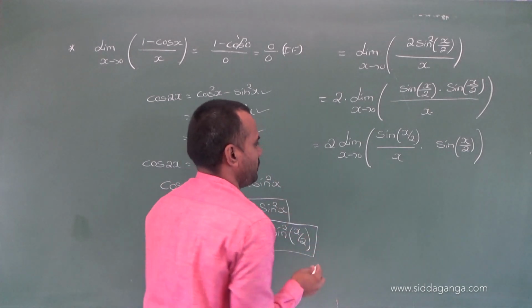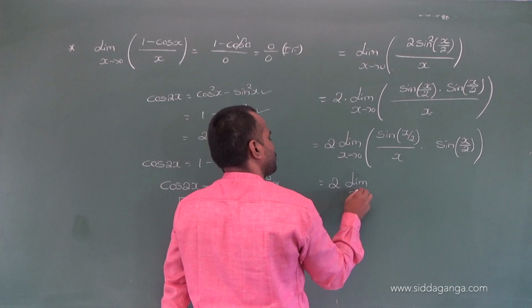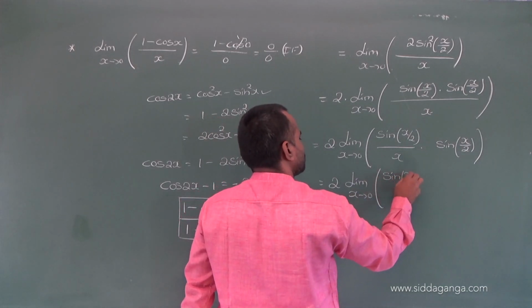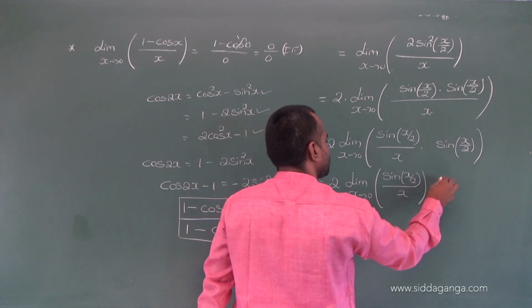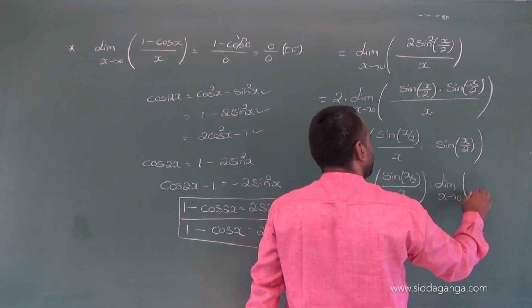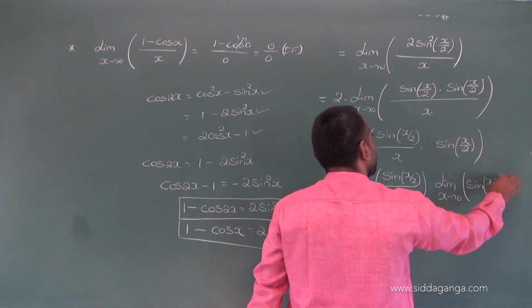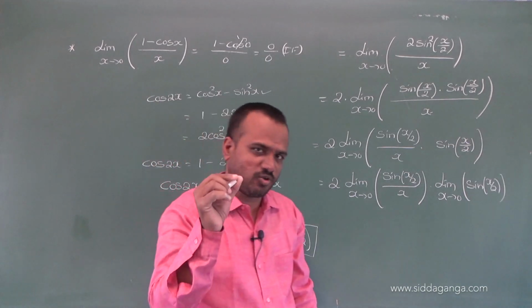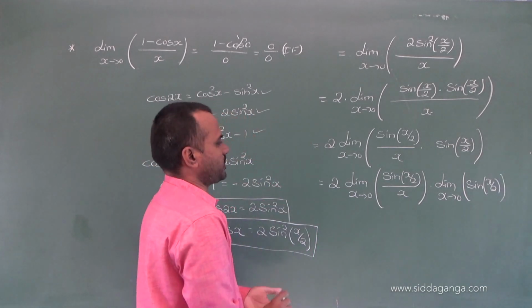We separate the limits: 2 into limit x tends to 0 of sin x by 2 by x, times limit x tends to 0 of sin x by 2, because we know the algebra of limits, limit of f of x into g of x.